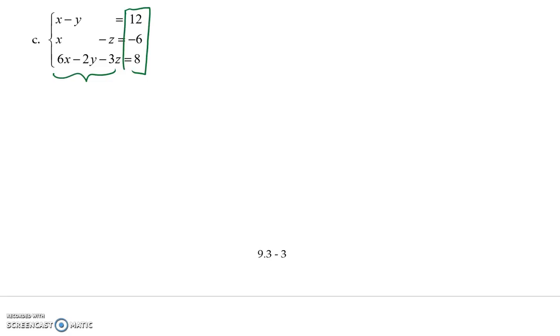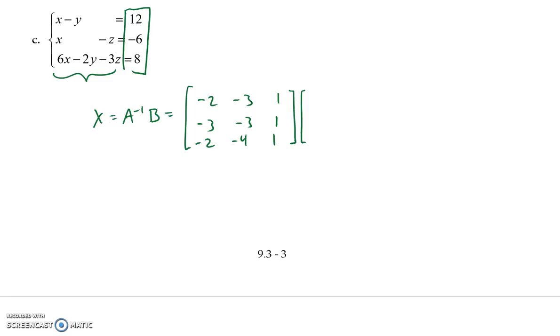So if we use the inverse matrix method here, we use X equals A inverse times B with the same inverse matrix used in the previous example, that is negative 2, negative 3, 1, negative 3, negative 3, 1, negative 2, negative 4, 1, along with a new matrix B, 12, negative 6, and 8, from the constants on the right-hand side of the equal sign.